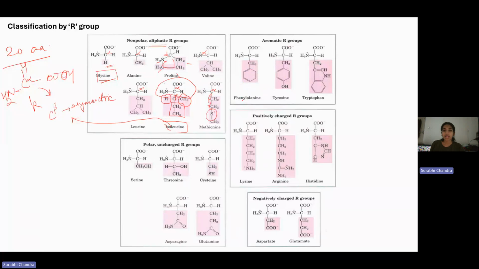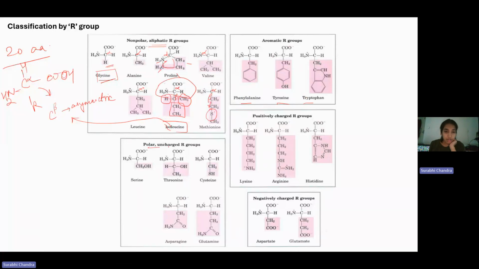There are three of them: phenylalanine, tyrosine, and tryptophan. When we talk about the absorption of a protein molecule, these aromatic amino acid moieties are mainly responsible, due to the delocalized electron cloud, for giving the absorption spectra of a particular protein.